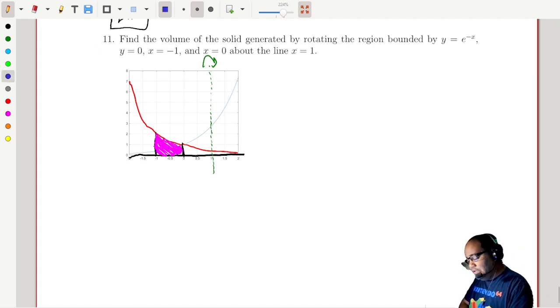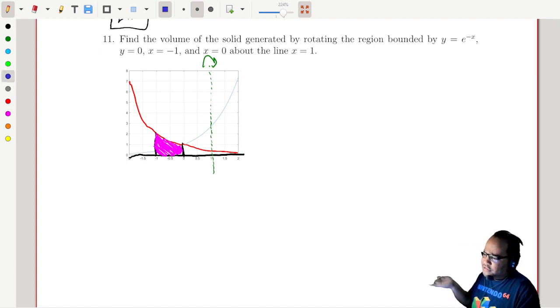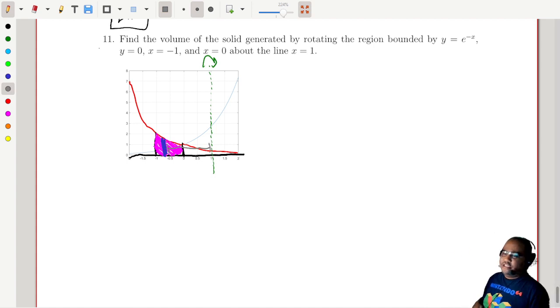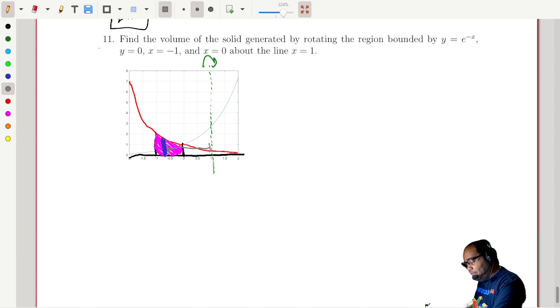So we have that region, and again shell seems a little easier here because if I use disk, I set it up in 2 integrals. I don't want to do that. There's our little representative strip. And once again, we are thinking shell radius and shell height.